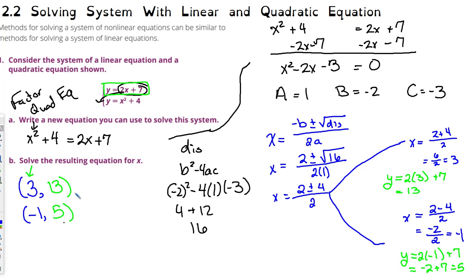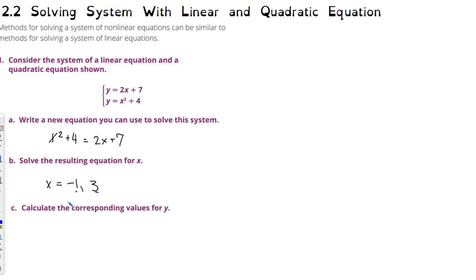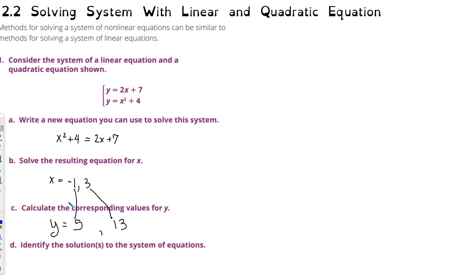And when you're writing these solutions, I just put a comma between them when you're listing them because they're both solutions. It's just a listing of the solutions. So again, the x's were negative 1 and 3. The y's, and where they matched up, was 5 and 13. And the ordered pairs were negative 1, 5, and 3, 13.